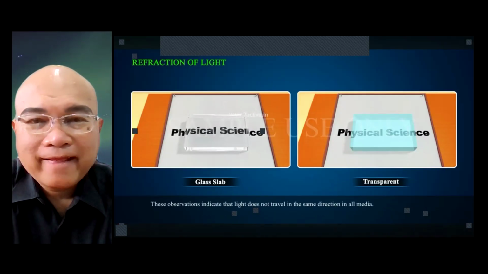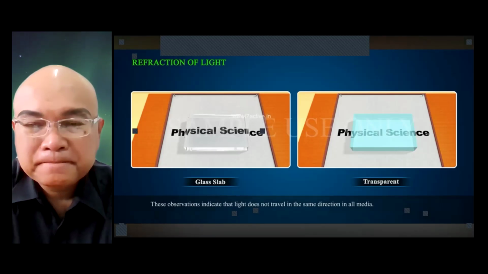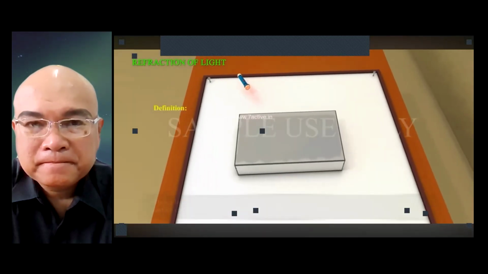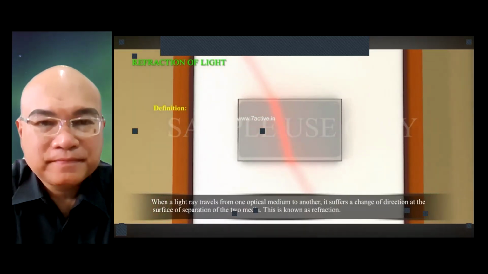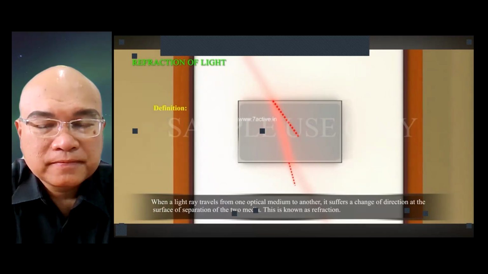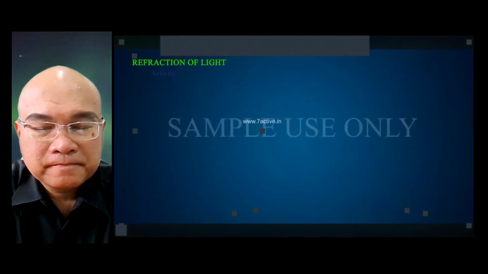These observations indicate that light does not travel in the same direction in all media. Definition. When a light ray travels from one optical medium to another, it suffers a change of direction at the surface of separation of the two media. This is known as refraction.